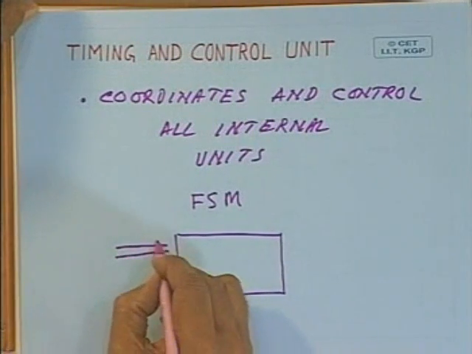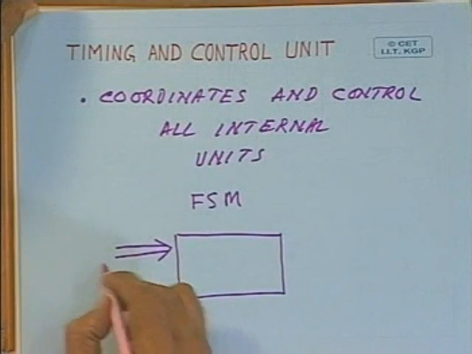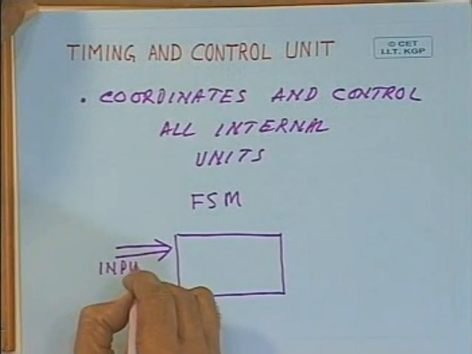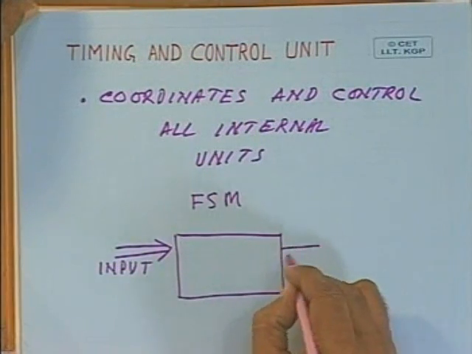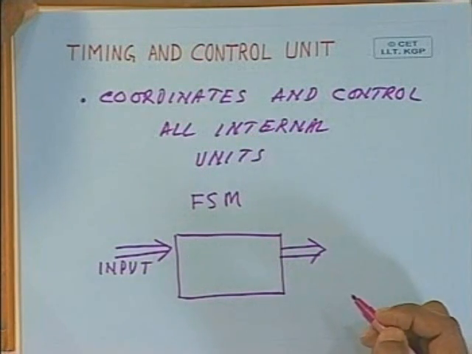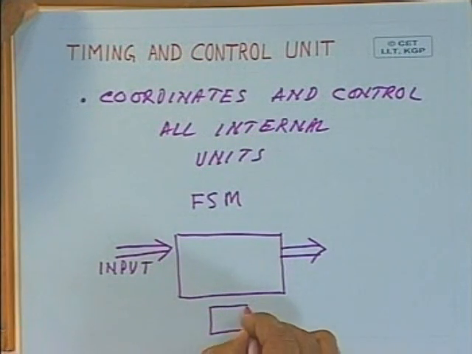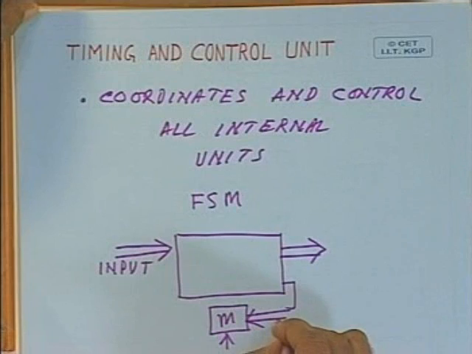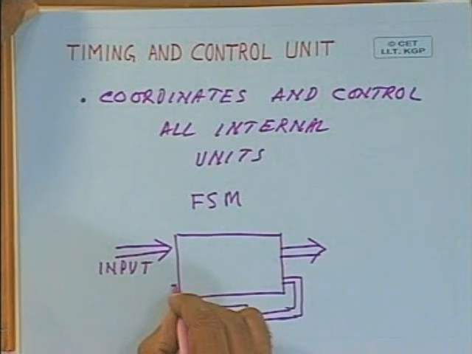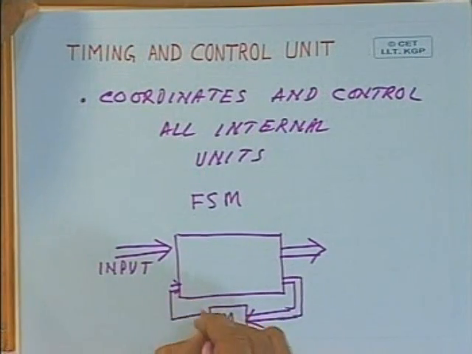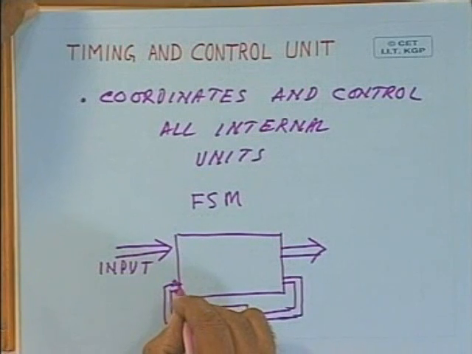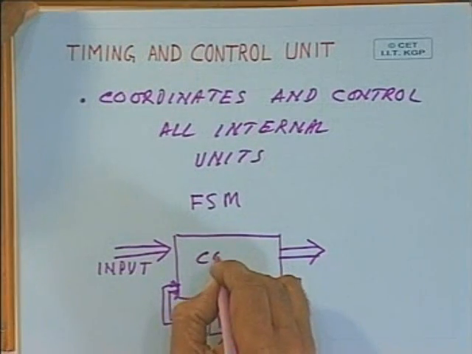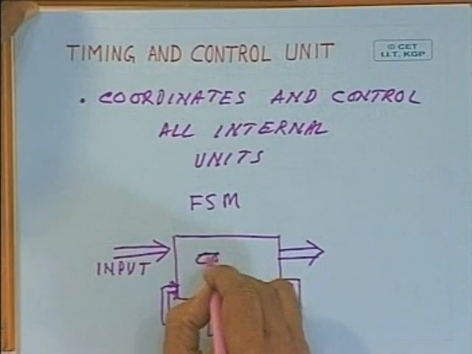It receives some input, primary input. It generates some output, and it has got some memory elements, and these are the internal states. This is the general block diagram of a finite state machine, FSM.